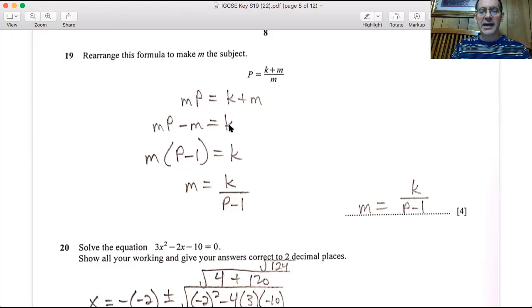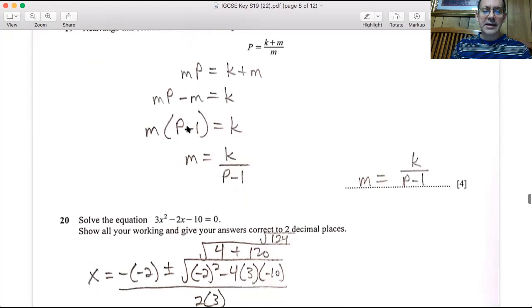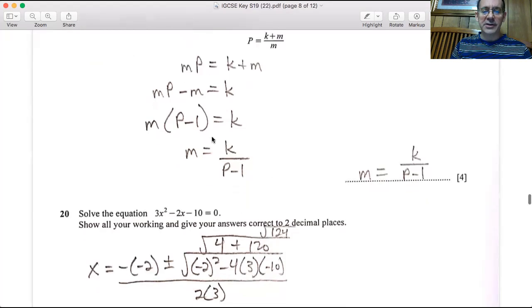And then equals K. The K does not have an M in it, so it will be on the right. Then we factor the M out of those terms on the left, and then we divide by that factor to get rid of it. So M equals K over P minus 1. And now M is our subject.